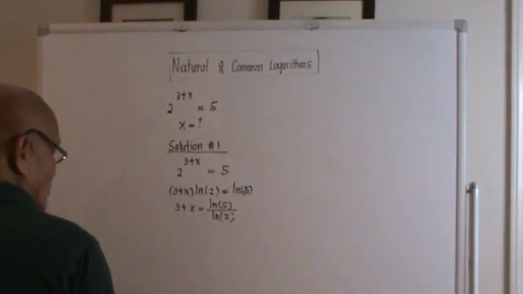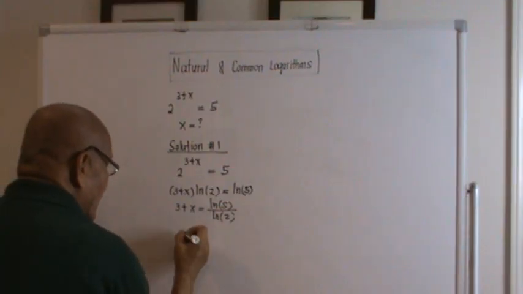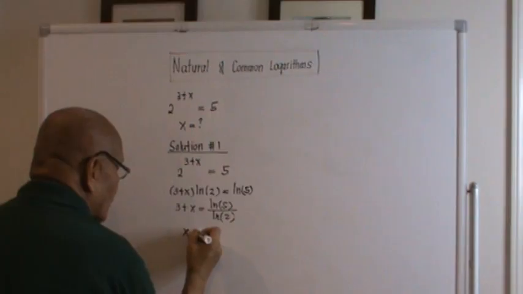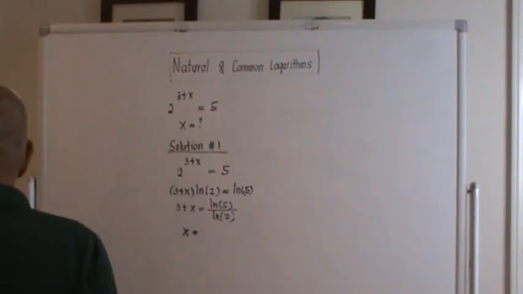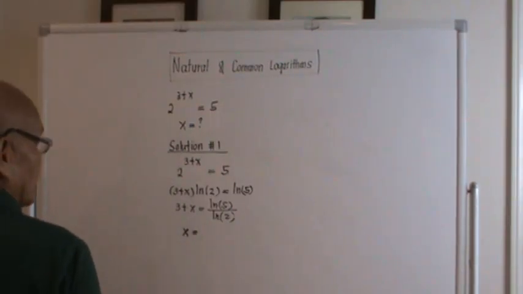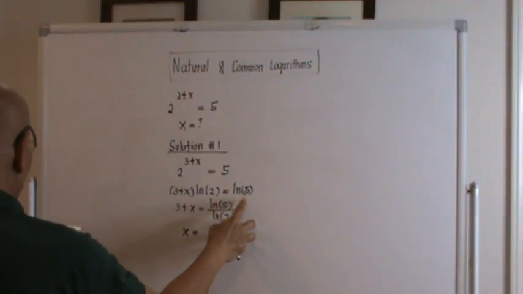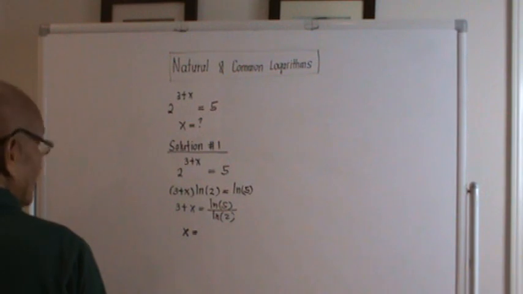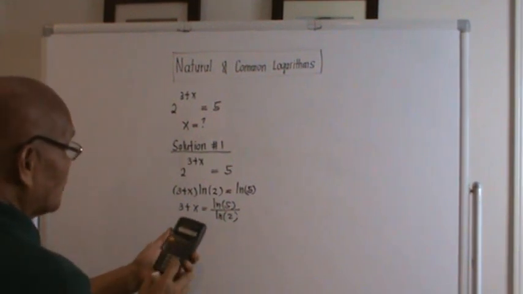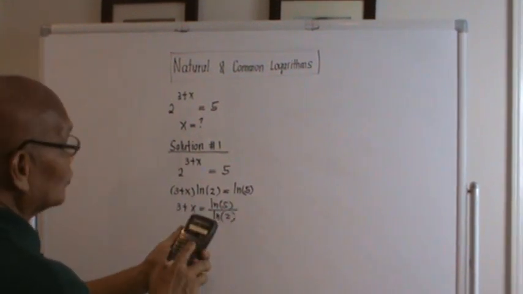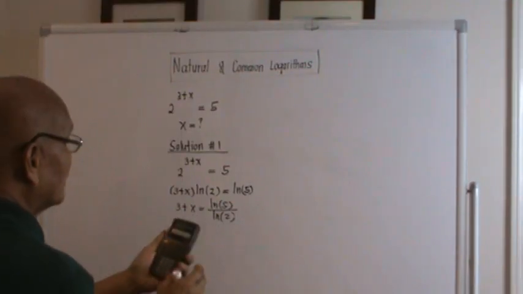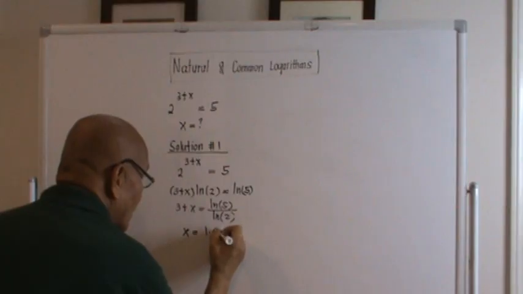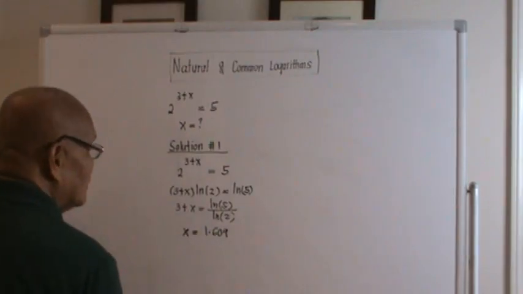If we simplify this, x should be equal to, taking the natural logarithm of 5 by using the calculator, we display 5 here, then press the natural logarithm, and that is 1.609.